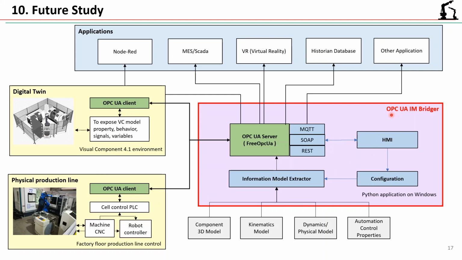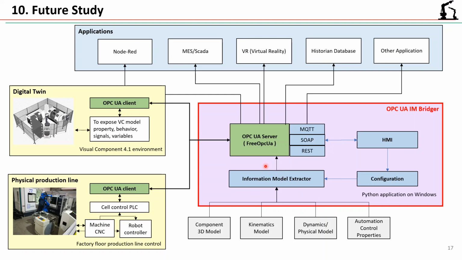So in this OPC UA information bridge, we should have an information model extractor which can extract the physical automation components' CAD information, kinematic information, and dynamic information.